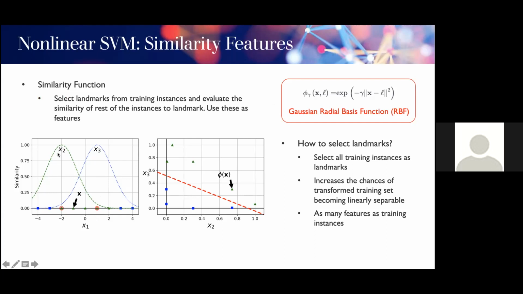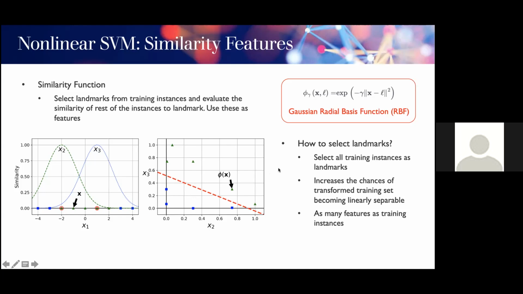And so basically that represents how similar your data points are with respect to your landmarks. The closer you are to that point, the more similar you are; the farther you are from that point, the less similar you are to those 2. And so he created x2 and x3 features, which, when plotted for the whole data set, create a linearly separable plane here.